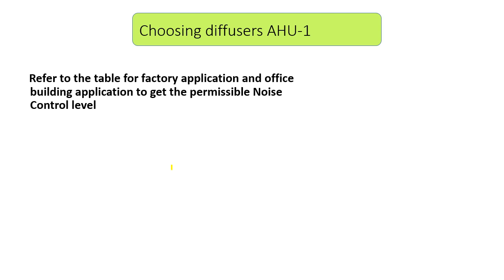So please scroll the video back and see the table of noise control level. So what is the figure that is permissible for factory application? Okay, if you see the table, you will get the NC level between 35 to 50 decibels.